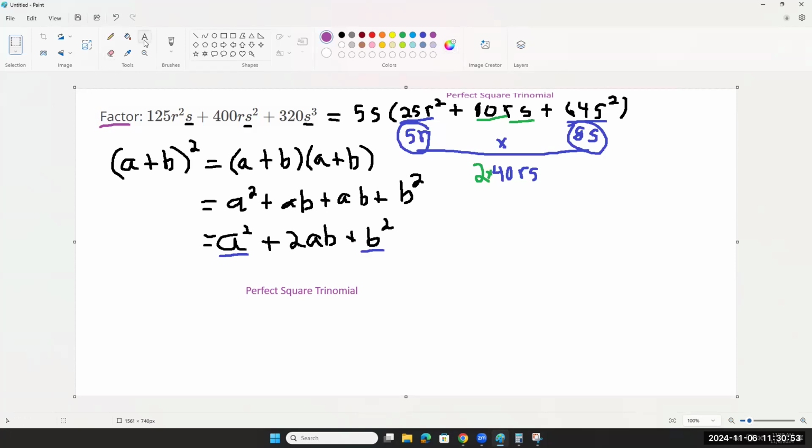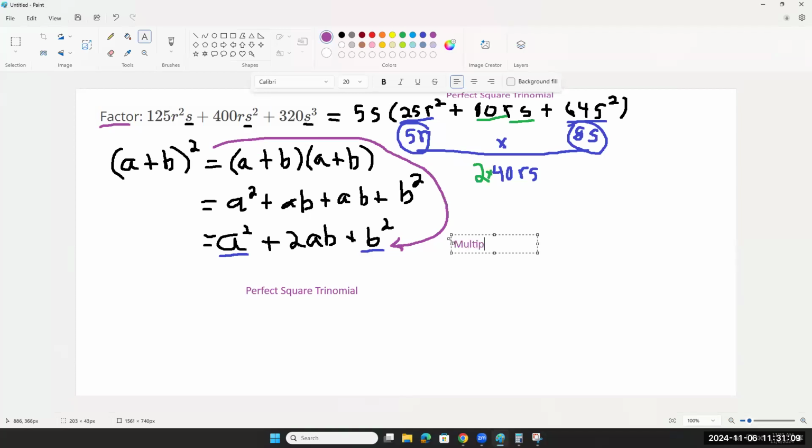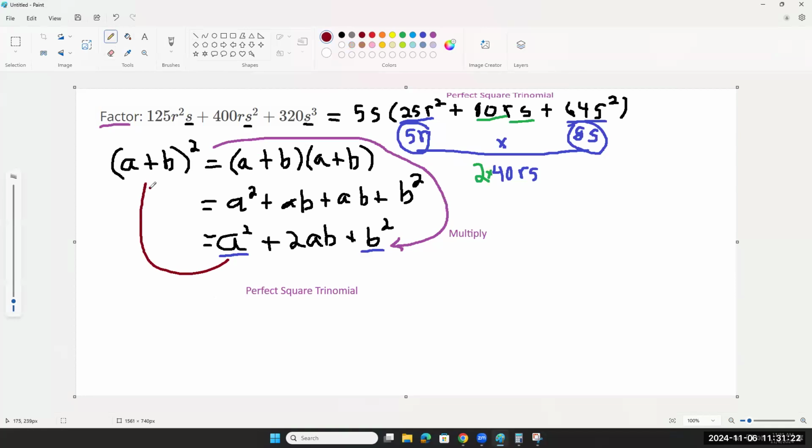And so, even though we went from this expression to this answer, which we call multiplying, you can go in the other direction from here to here, and actually I think it'll be easier if we go from the perfect square trinomial.